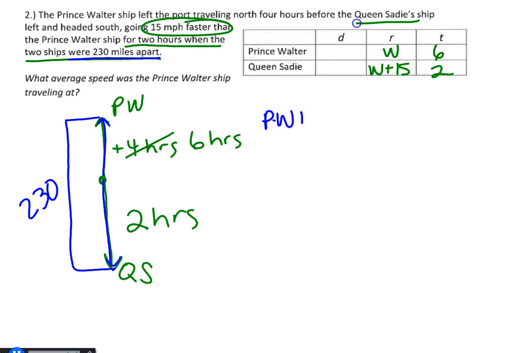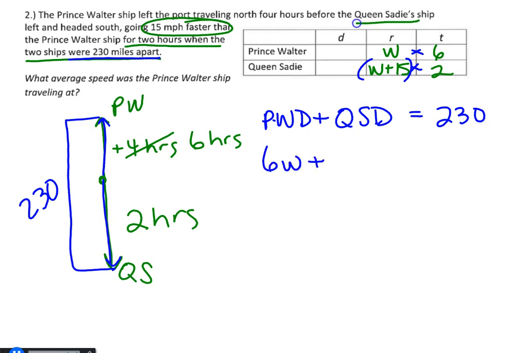So Prince Walter's distance plus Queen Sadie's distance has to equal 230 miles. So we're going to do rate times time for the Prince Walter, rate times time for the Queen Sadie. So 6W plus 2 times (W plus 15) has to equal 230.